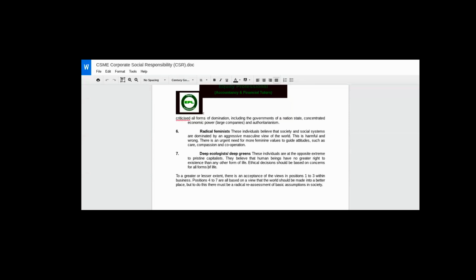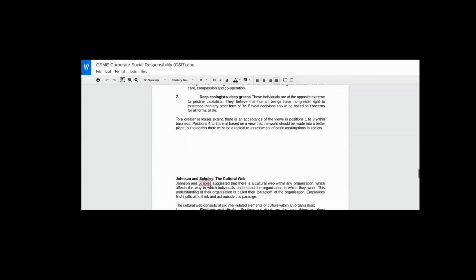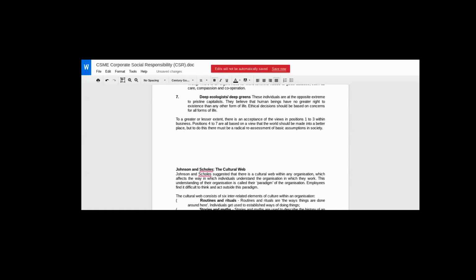That means CSR and ethical decision should be all-encompassing. It should cover all areas: security, education, animal protection, environmental protection, and many more. That is what the deep ecologist is saying.